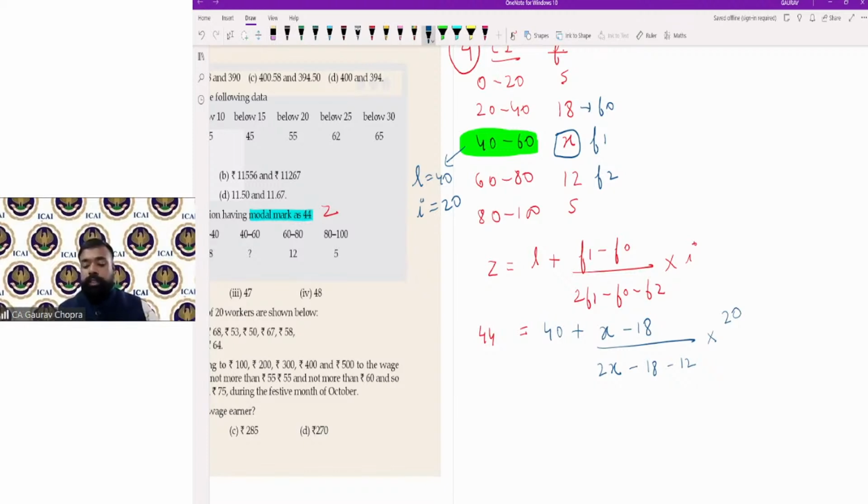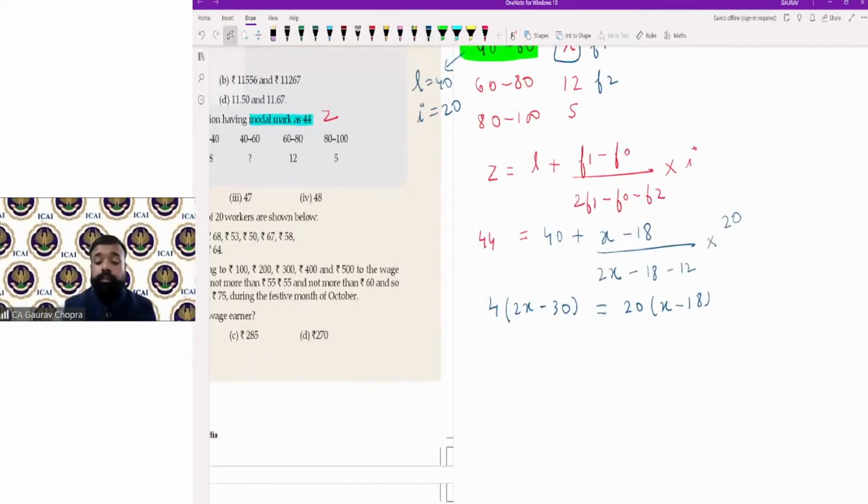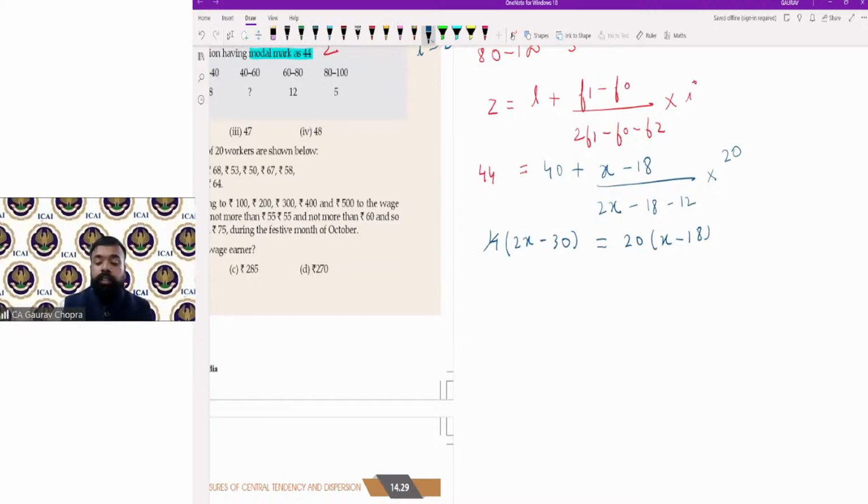Now simplify this and find out the value of X first. So 40 will go on the other side, it will become 4 into 2X minus 30 is equal to 20 into X minus 18. Cancel this also.